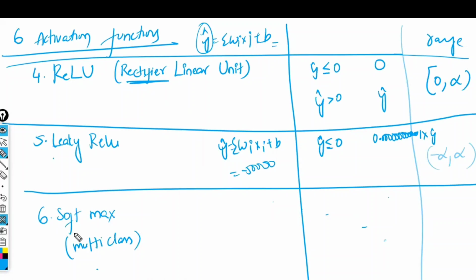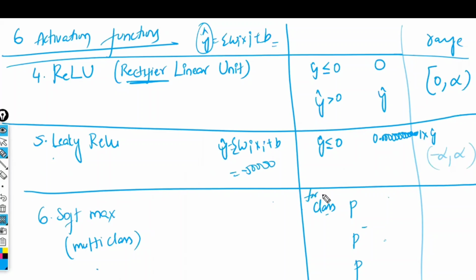For the remaining top five we can have different choices, but softmax we have to use 100% for a multi-class problem. What softmax means is that for each class it will calculate the probability. Whichever class has the higher probability, it will select that class as the output.